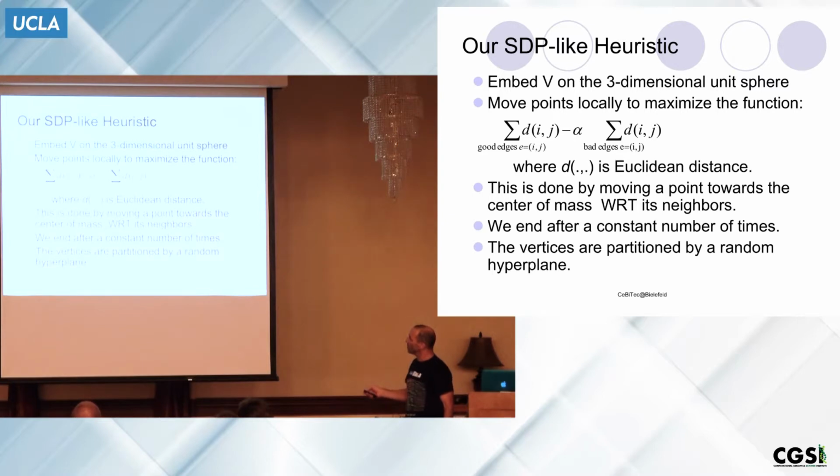This is done with a set of attraction and repulsion, and we move the points accordingly a constant number of times, and then we run a random partition over our sphere, and we get the cut.